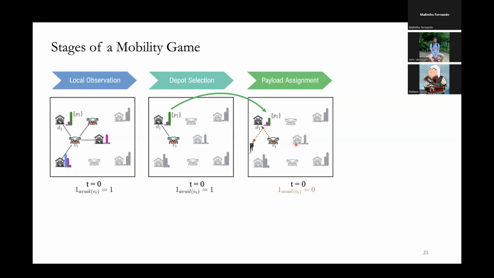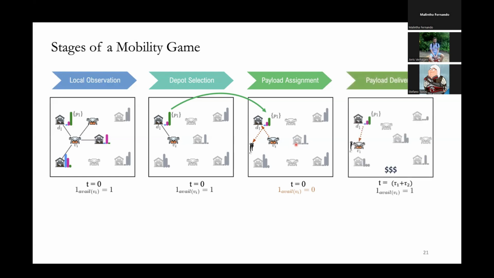At this point, we mark this vehicle as an unavailable vehicle. Finally, this vehicle travels to the depot, picks up the payload, and delivers it to the destination. We give this robot a net revenue, and we mark this vehicle as an available robot again, so it is free to undertake another payload. So our objective function for this problem is to find a policy that maximizes each agent's local revenue over the long horizon.